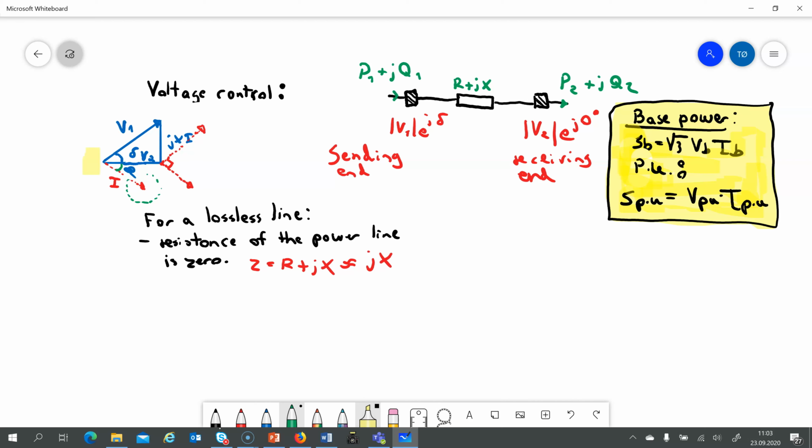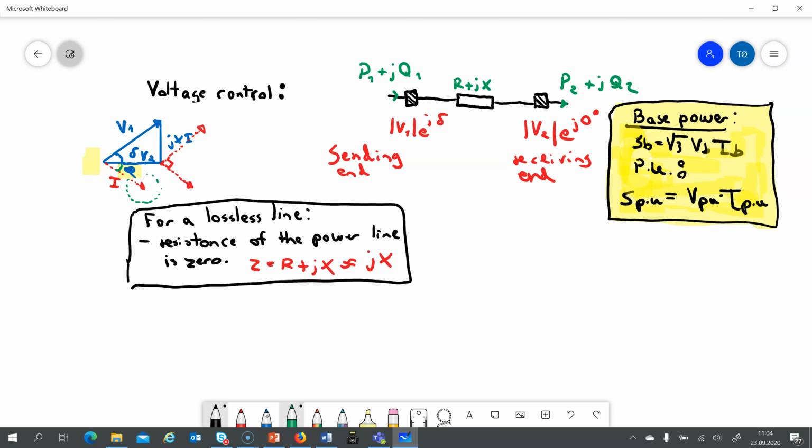As you can see up here, we typically have an angle between the voltage and the current. But if you take the R away, we will have the voltage and current in phase. So for a lossless line, we have this assumption now. We have a sending end and a receiving end, and we denote the receiving end voltage as the angle 0 up here.